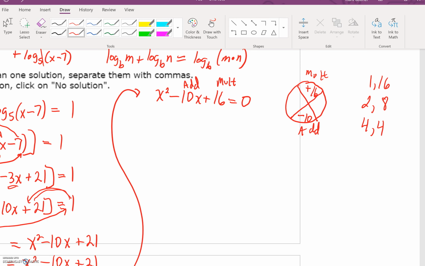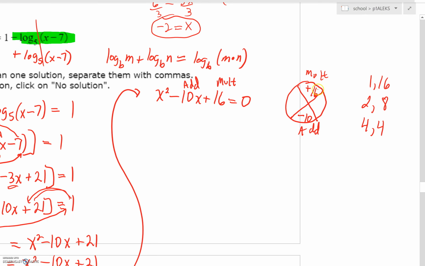But as we're searching here, I do want you to realize if you're multiplying to something positive, but you have to add to something negative, you're going to require that both of the signs have to be negatives. If the signs were both positives, you'd multiply to a positive, but there's no way you could add to the negative. And if you had a mix, if you ever had one positive and one negative number, that wouldn't multiply to a positive 16.